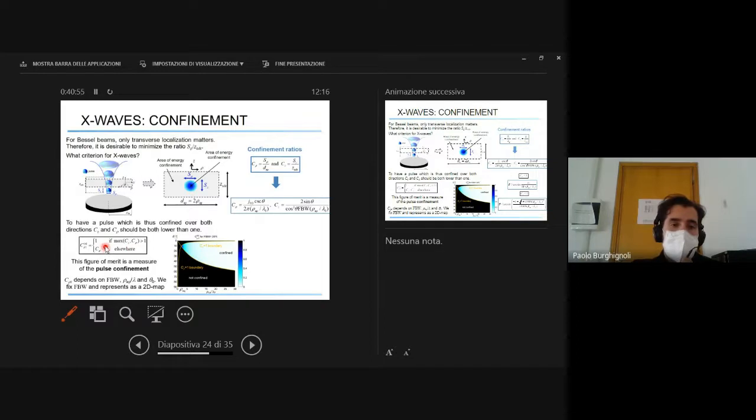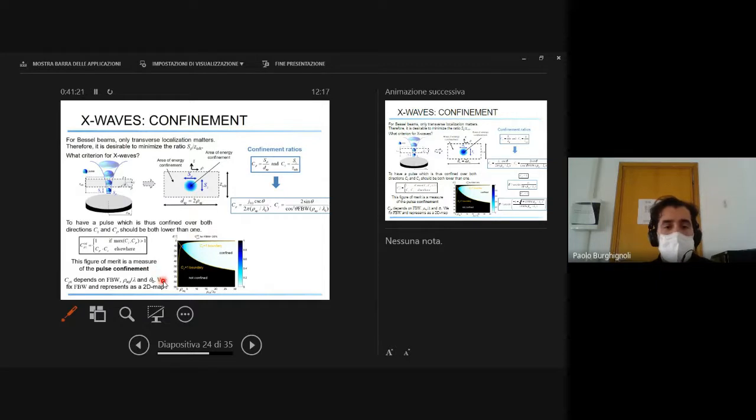we can say that it is 1 when the maximum of these two confinements is greater than 1. That means if the pulse is not confined in one of the two directions, at this point the wave is no longer confined. So it has to be confined along both directions in order to say that it is confined.